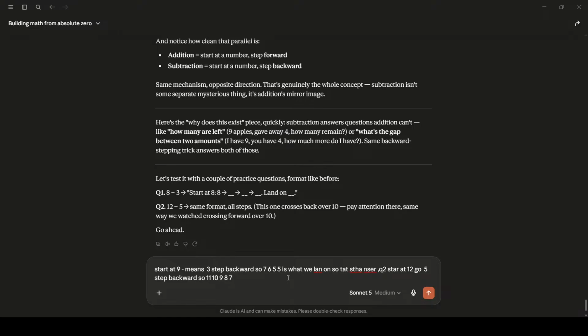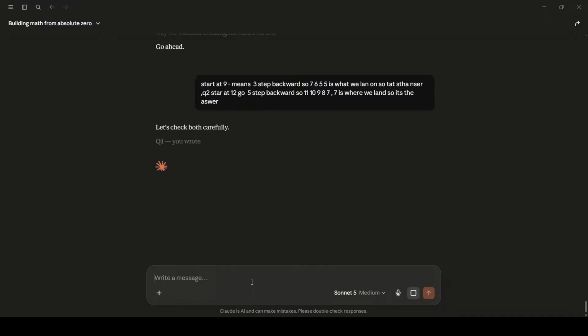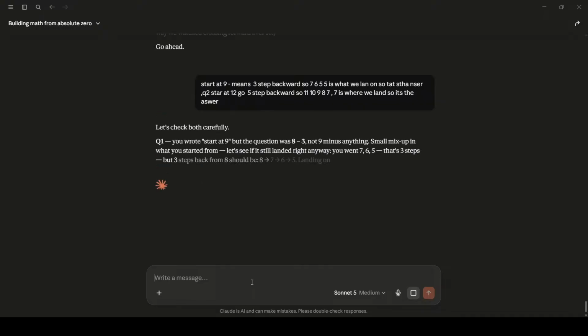So 11, 10, 9, 8, 7. 7 is the position we land on, so 7 is the answer. 7 is where we land. Here's the answer.